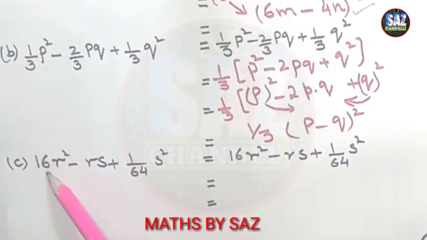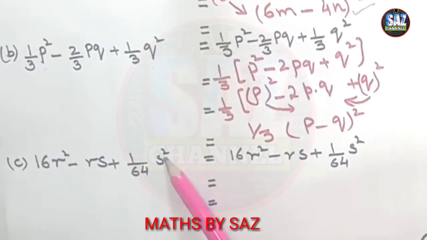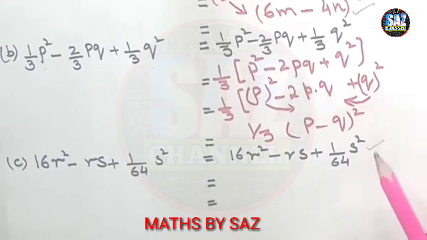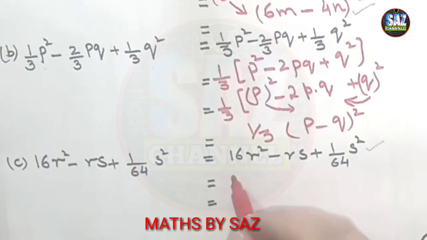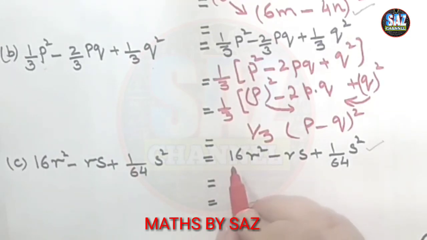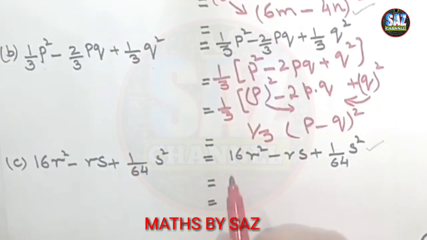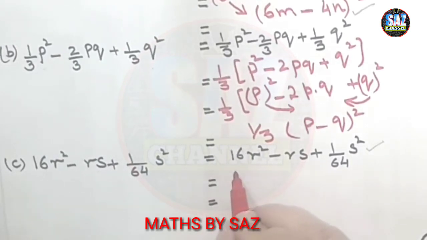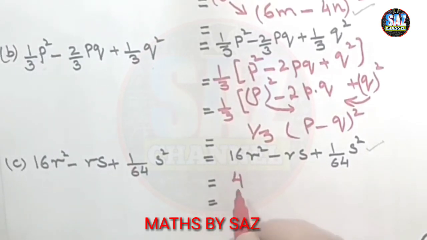Next question is 16r square minus rs plus 1 over 64s square. Here I will repeat that we should have a good command on the tables for the clarity of this lesson. For 16, think about the number whose square gives you 16 back. Inside the bracket, actually I have to write the square root of this number.